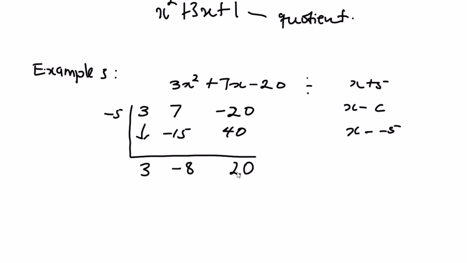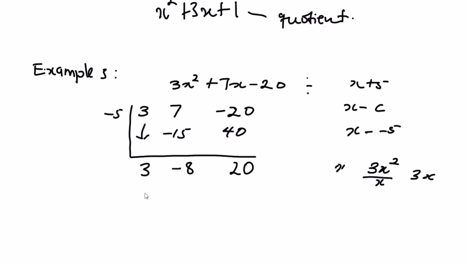Yes, our remainder is not 0. So in this case, it tells you that this is not a factor of the polynomial. So what will you do here? Okay, so how will you write this? Remember the first term, we have 3x squared divided by x. If you take this, we are going to get 3x.